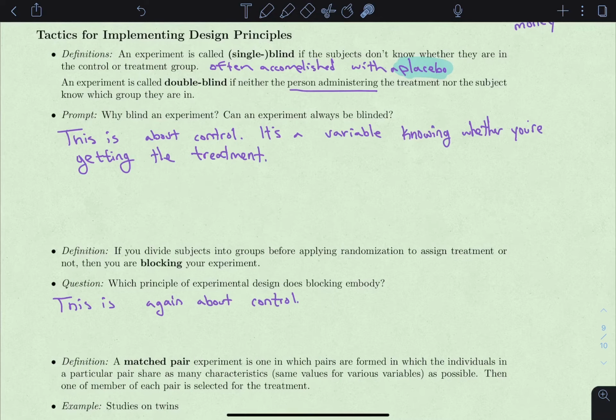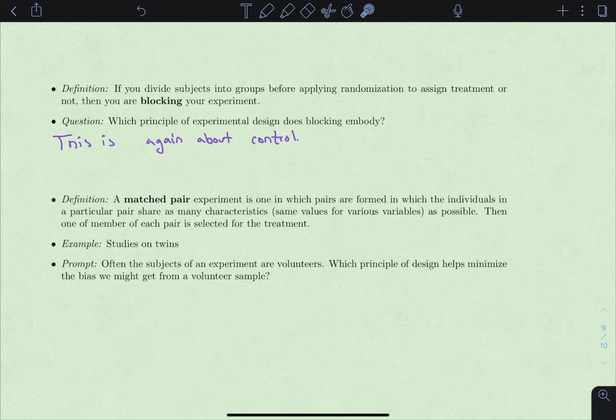And lastly, subjects for experiments are often volunteers. And when we talked about sampling, we said, oh, that could be a bad thing, because people who volunteer might promote selection bias. So the principle of design that helps minimize that type of bias is randomization.